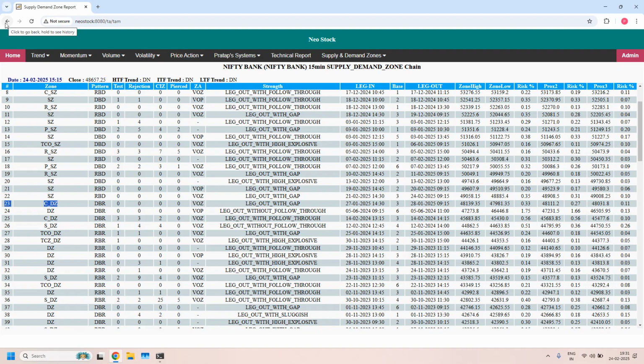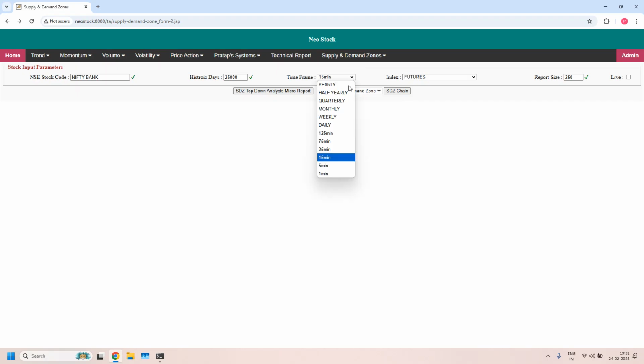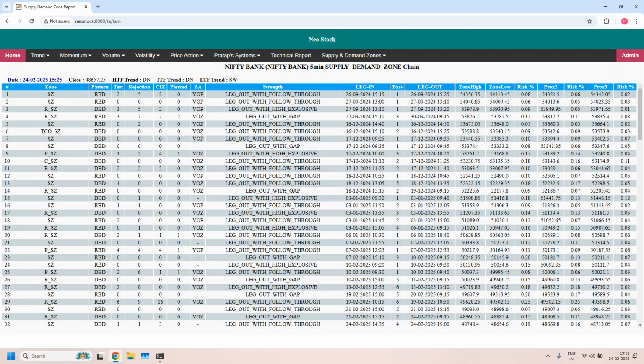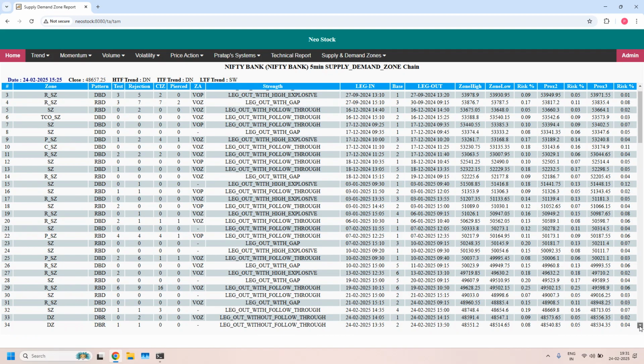Okay, next, 5-minute supply demand zone chain for BANKNIFTY. All these are supply zones. I'm scrolling the list down.